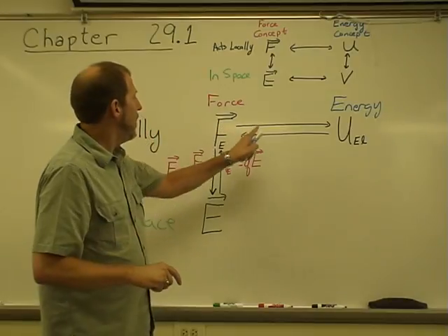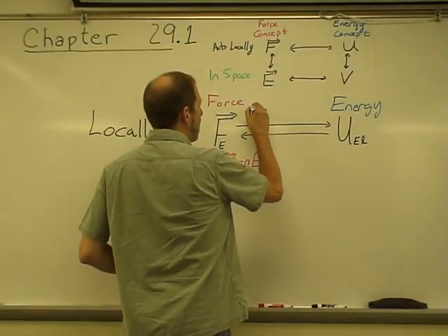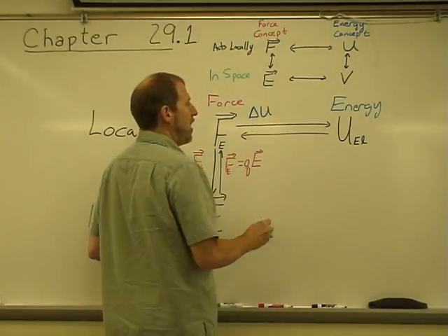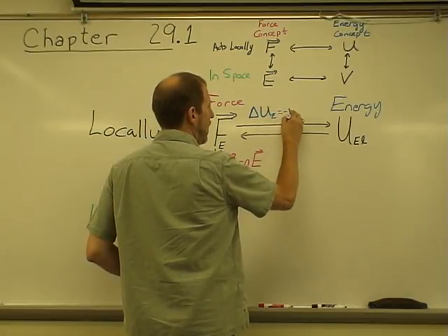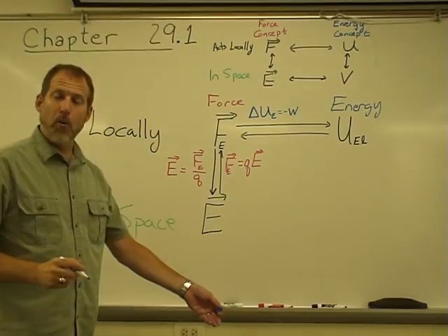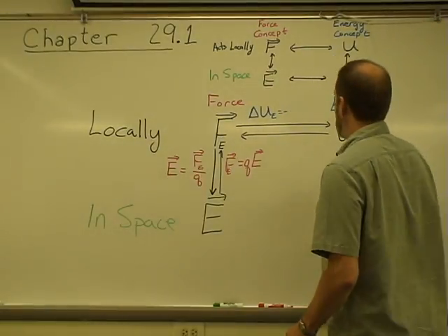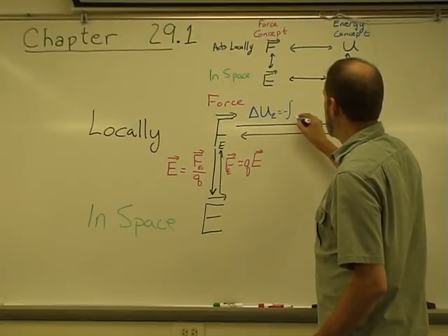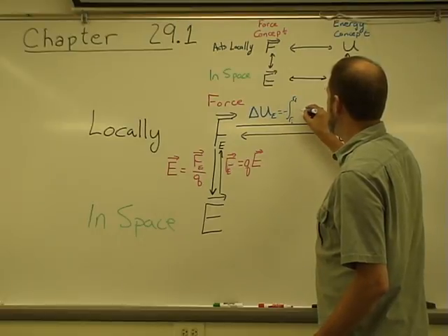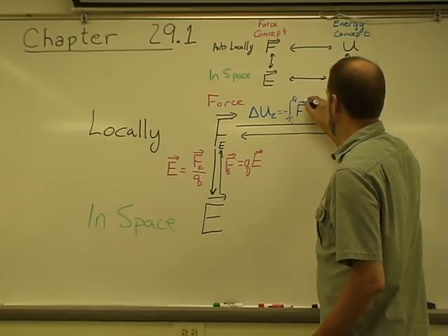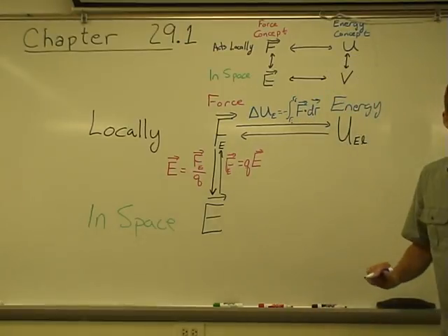So, if I'm going from the electric force to the electric potential, the change in electric potential energy is equal to the opposite of the work done, and the work done is equal to the integral over the path from the initial to the final position of the force integrated over that path.